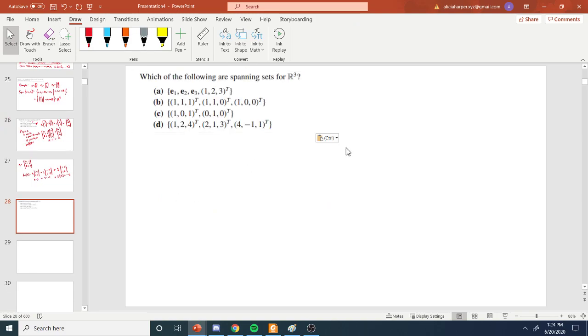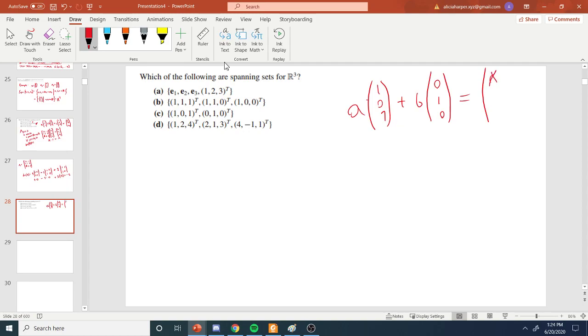So now let us look at C. What we're interested in is a times the vector (1, 0, 1) plus b times the vector (0, 1, 0). And we want to know, can any vector x0, x1, x2 be expressed as a combination of this vector and this vector? And the answer is no, because this is equal to (a, b, a), which means the first component and the third component are the same.